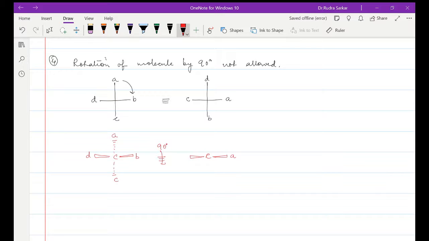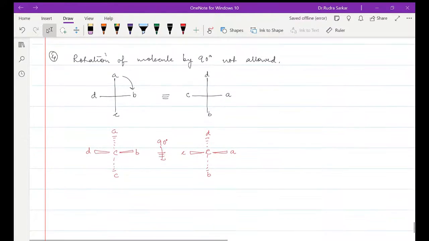Stereochemical information is being lost, and C is above the plane, and you're pushing D and B below the plane of the paper, which is not correct. And so it is not allowed.